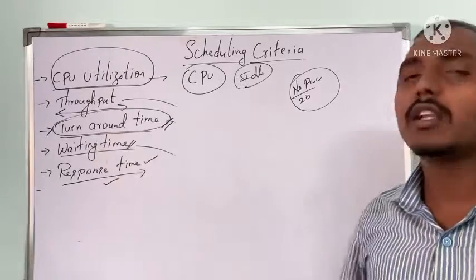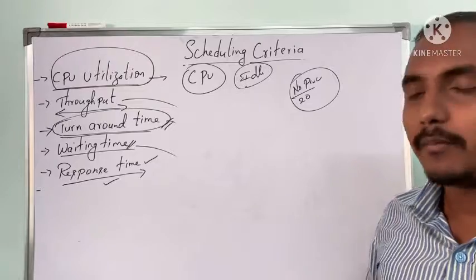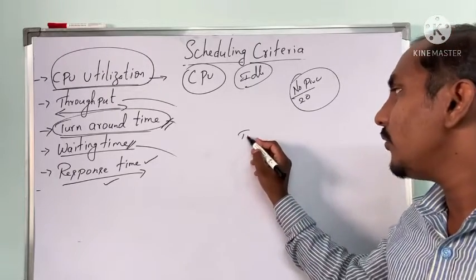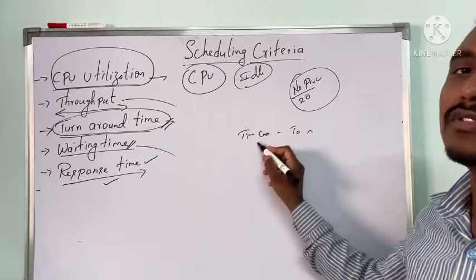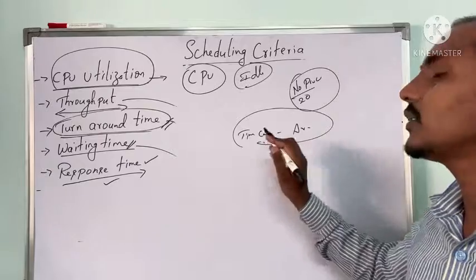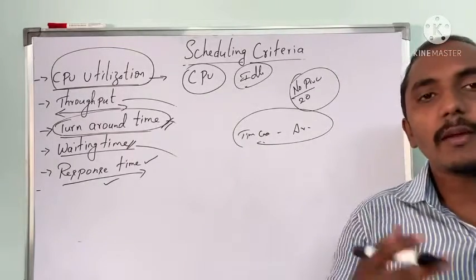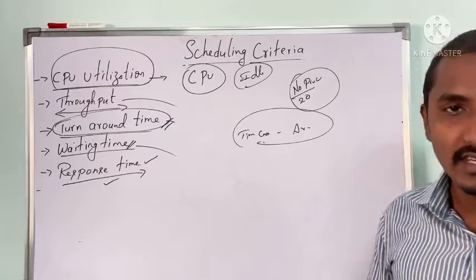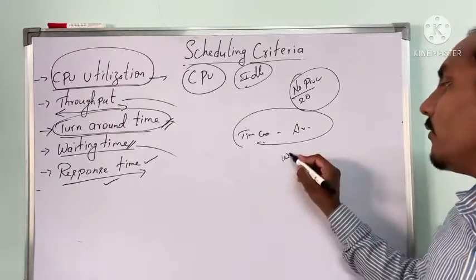Next, coming to turnaround time. Turnaround time is the total amount of time, that is, the time of completion minus the time of arrival. From when the process has arrived to when it has completed its execution, how many milliseconds it has taken is the turnaround time, which may also include waiting time.